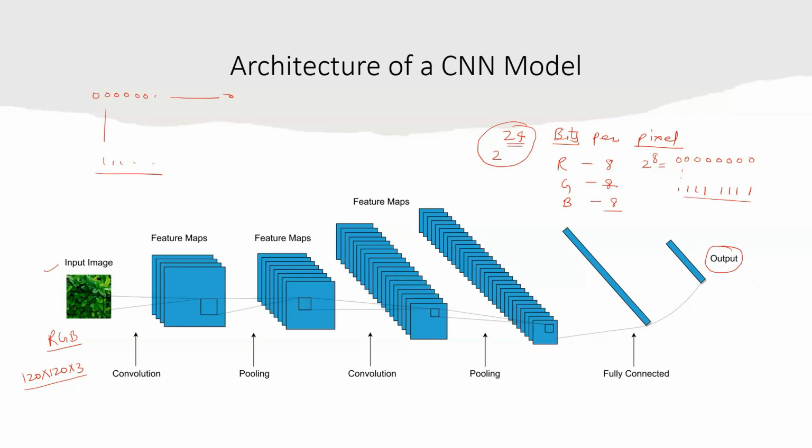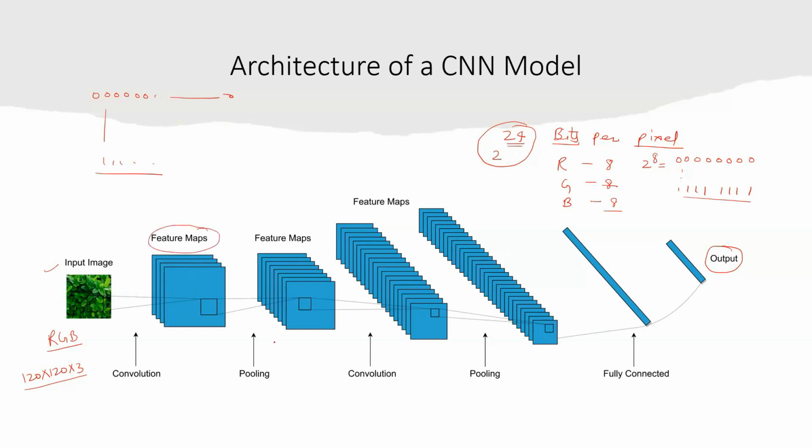Whenever you are taking an image as input, you are applying some filters on this image. Filters must be applied carefully, depending on which kind of features you are interested in. After applying the convolution layer, you have a feature map.